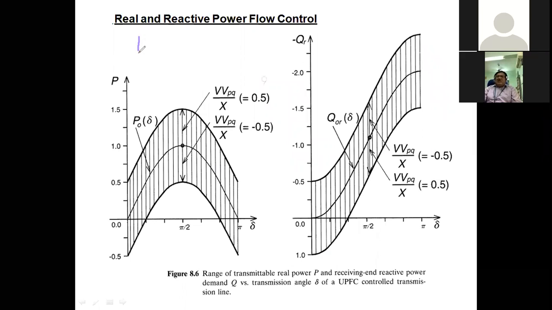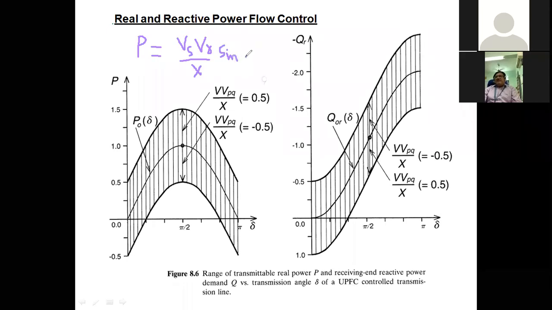Without a controller or compensator, we have done the derivation for the power flows, that is, the real power flow, Vs into Vr by X into sine delta. I have done this derivation a number of times.